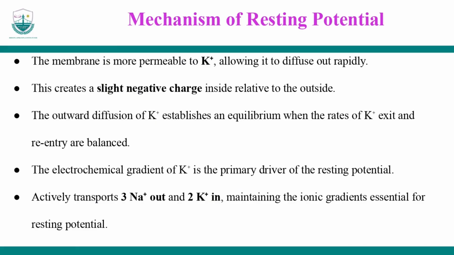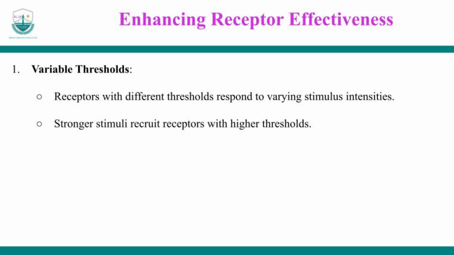Remember, we have the sodium-potassium pump that moves 3 sodium ions out and 2 potassium ions in, and this is what creates the ionic gradients that are very important for the resting potential. So what happens when you want the sensory receptors to be very responsive?